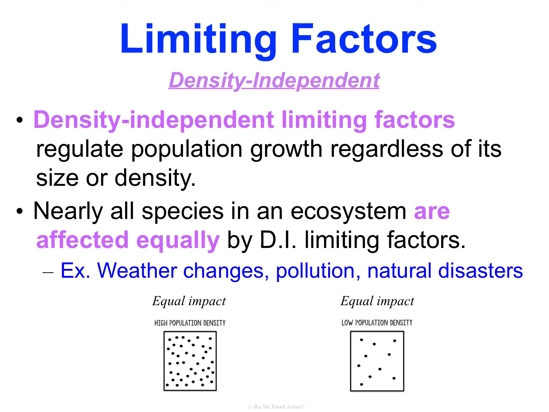And then limiting factors that are density independent are regulated regardless of density or size or even distribution, really. So nearly all species in an ecosystem are affected equally by these density independent limiting factors. Like we talked about before, things that occur by chance. So anything in weather, or if there's been some sort of pollution or natural disaster.